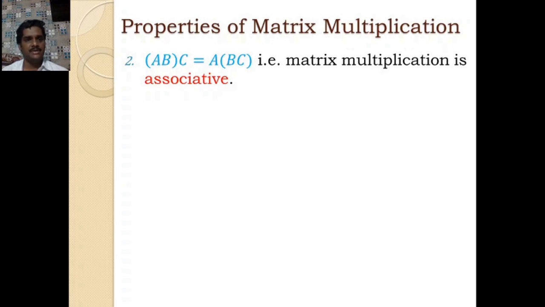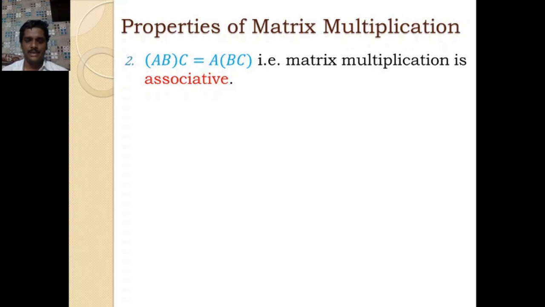What is the benefit of this? The benefit is whenever you have more than two matrices multiplying, there is no meaning of brackets. Whatever you are comfortable with, you can pick two of them.